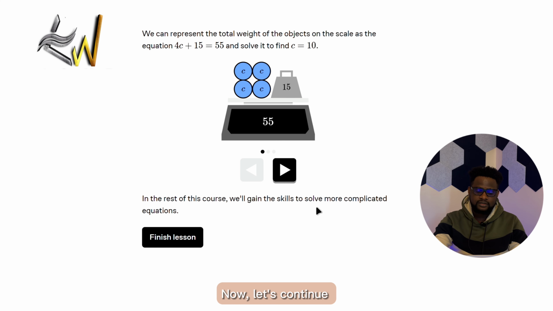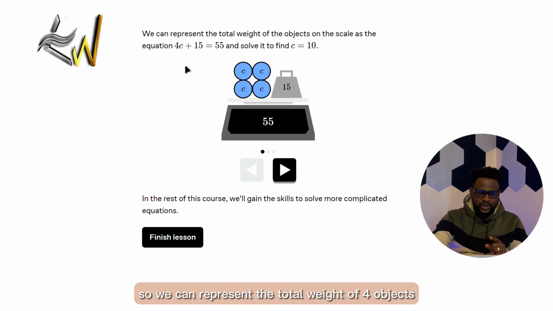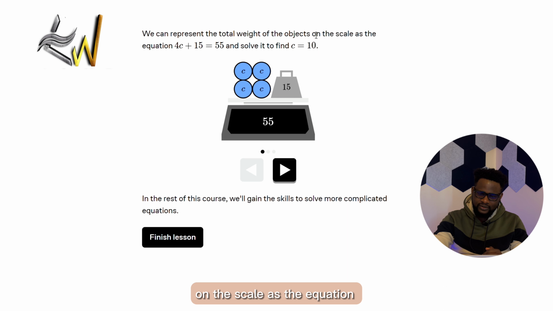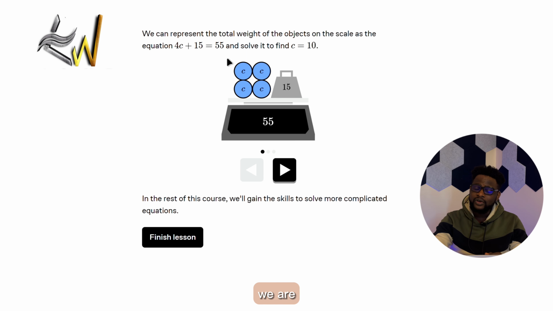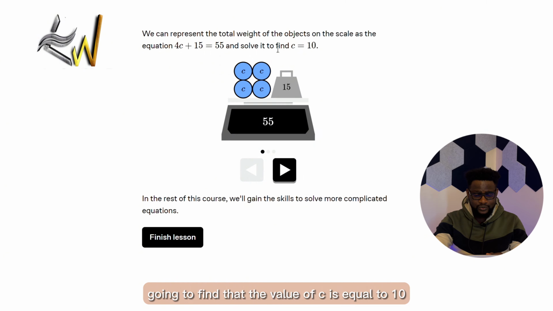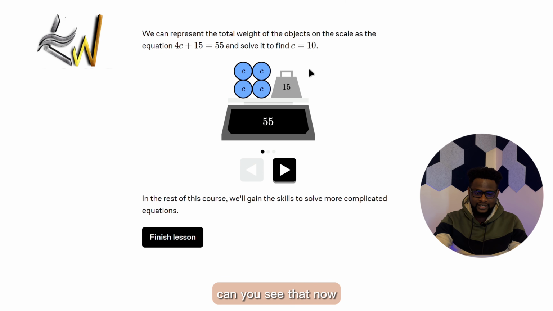Okay, now let's continue. We can represent the total weight of the 4 objects on the scale as the equation 4C plus 15 is equal to 55. And when we solve it, we are going to find that the value of C is equal to 10. Can you see that now?